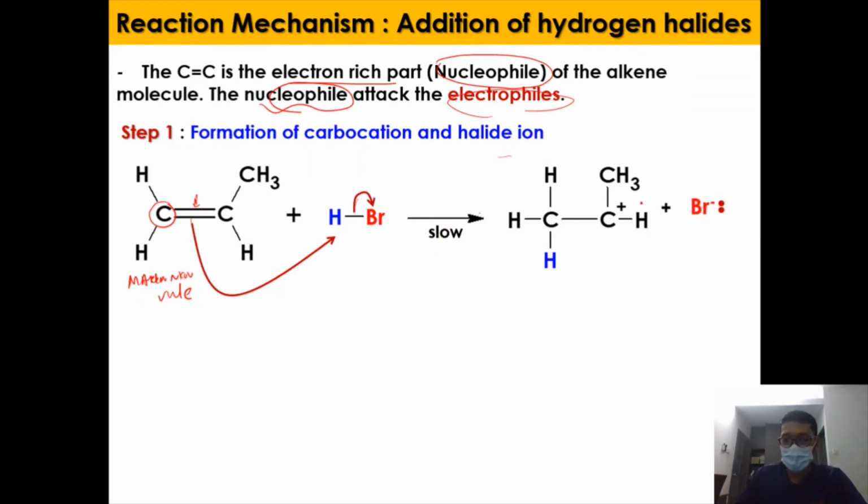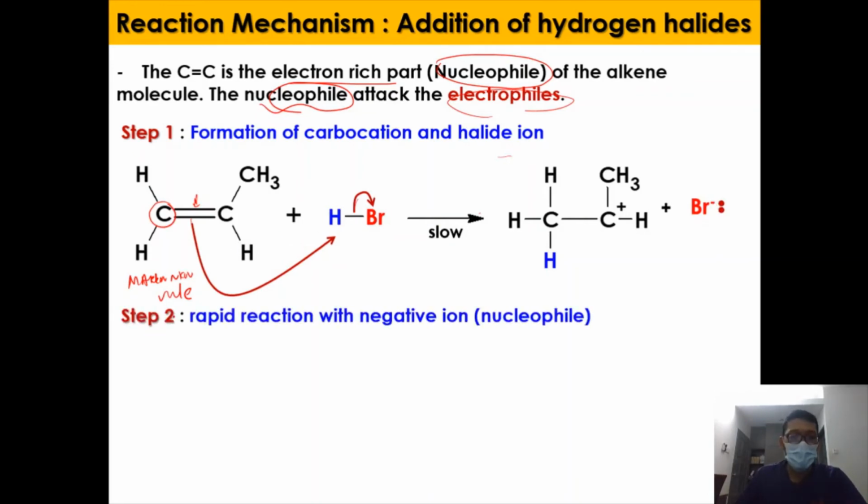Okay, so heterolytic cleavage, so the 2 electrons are going to be transferred to bromine. Now for step number 2, there's going to be a rapid reaction with the negative ion. So because now the bromine will have the negative charge, this is going to become the nucleophile, and this is going to become the electrophile.